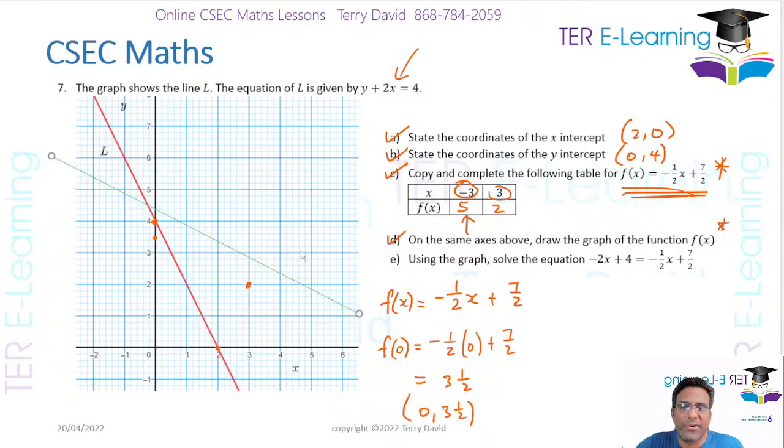So let's draw a green line. Right, now that line must pass through this point here, this point that we plotted, right? And it should also pass through this point here, right?